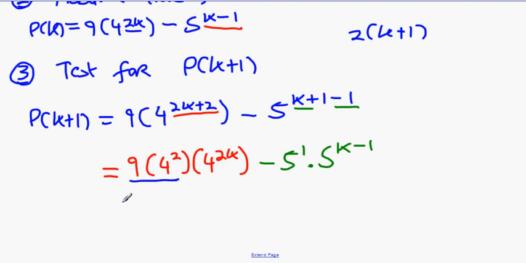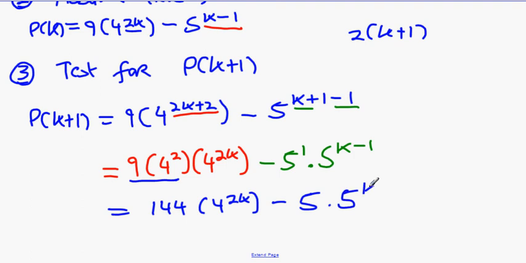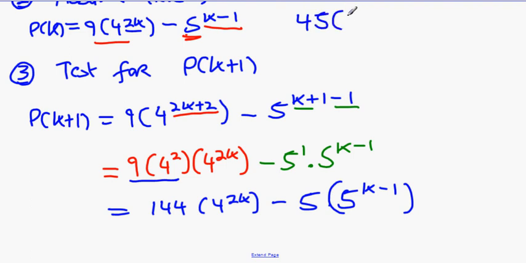And we put this in, 9 times 4 squared is 144, 4 to the power 2k minus 5 times 5 to the power k minus 1. Now, we have 5 times the amount of P of k. So, if I was to multiply P of k by 5, what I'd get is 45 times 4 to the 2k, and I'd get minus 5 times 5 to the k minus 1.